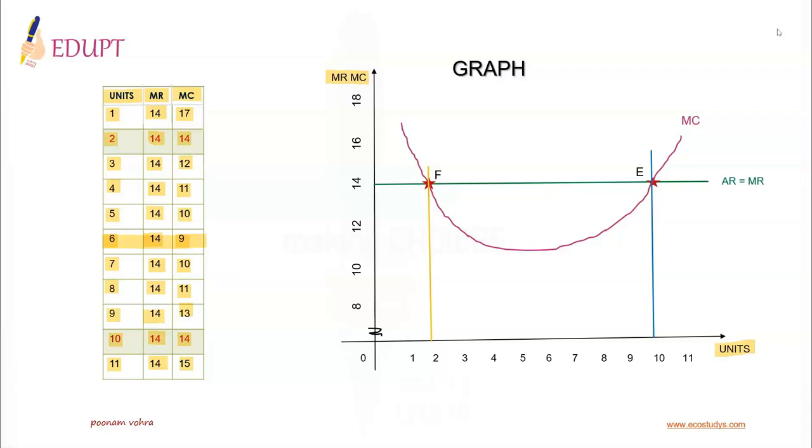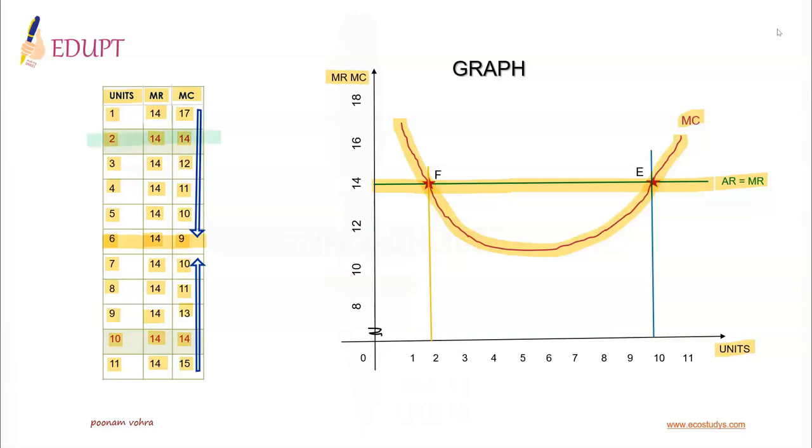One finds that marginal revenue remains constant, hence one gets a horizontal straight line as marginal revenue. You have already understood that marginal cost is a U-shaped curve, which becomes evident from the numerical values also, as it initially declines and then it rises.